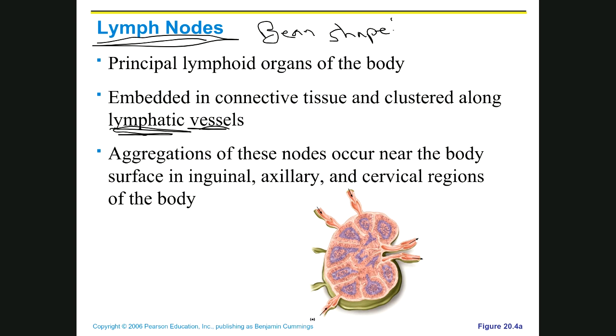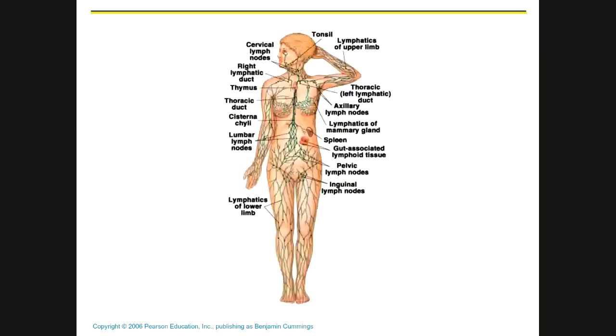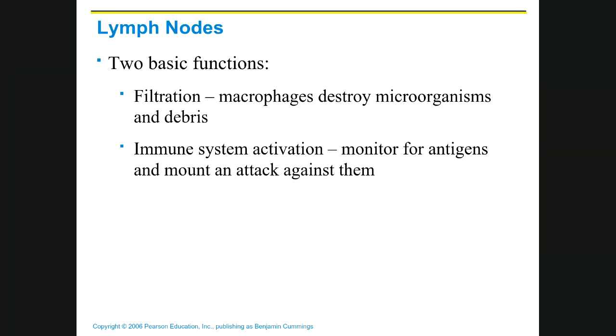Where they're mostly located are where things attach to the trunk. And so they're in the neck, they're in the armpits, they're in the groin, and there are tons of them there. So if we look in here, all those little dots that you see, those are lymph nodes. Now there are a few out in the arms and legs, but most of them are not there. They're attached to the trunk.